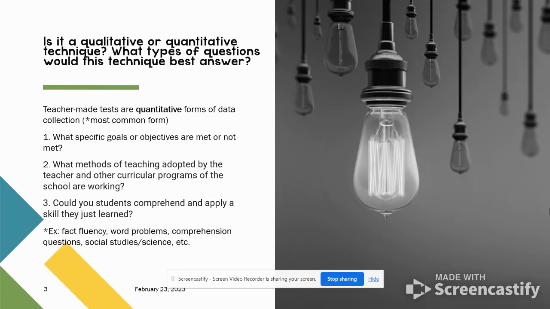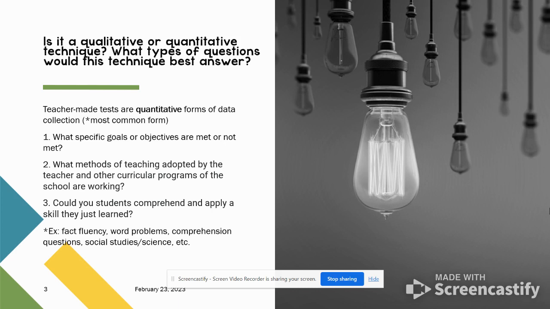Is it qualitative or quantitative data? So teacher-made tests are quantitative forms of data collection, and it's actually one of the most common forms. Some questions that this technique would best answer would be, what specific goals or objectives are met or not met during a lesson or a subject area?